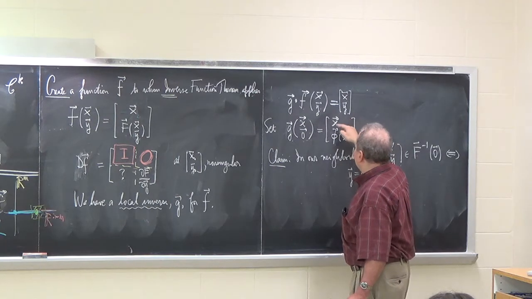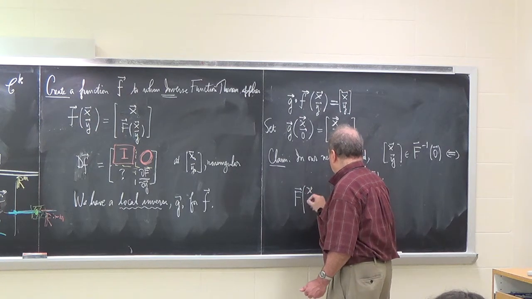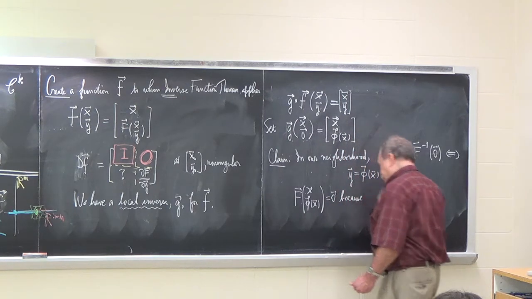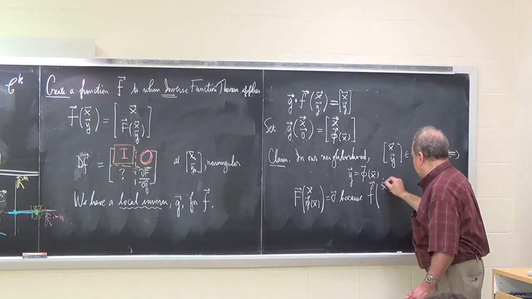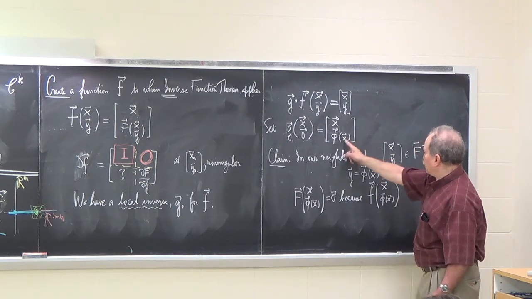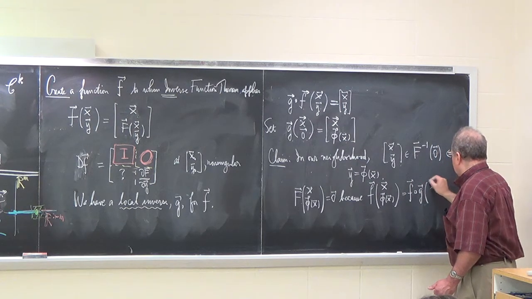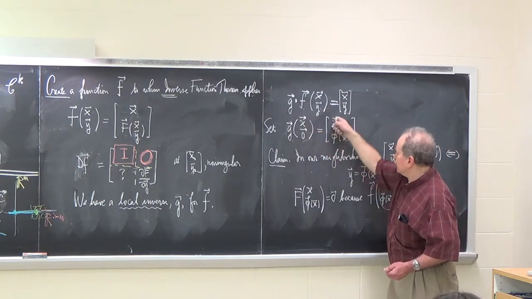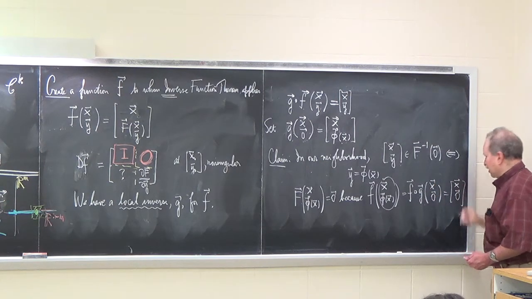So at this point, if I do f of it, I get 0 because if I do f of g of x0, by definition, this is g of x0, and f of g of something is the something, which is x0.